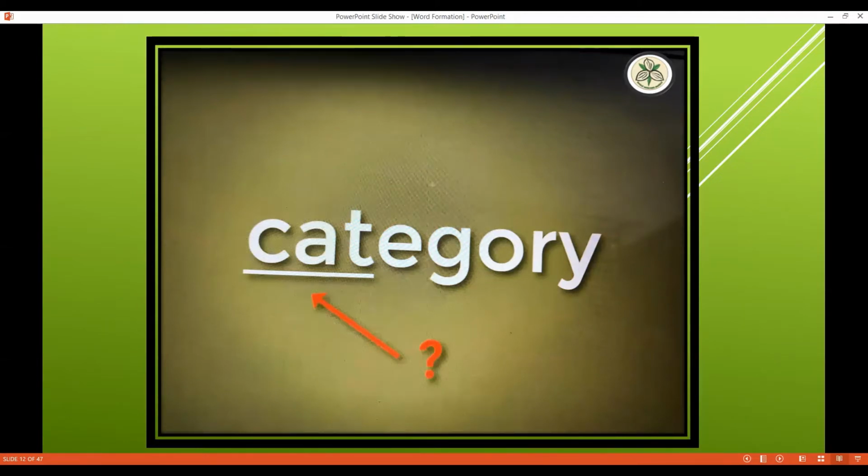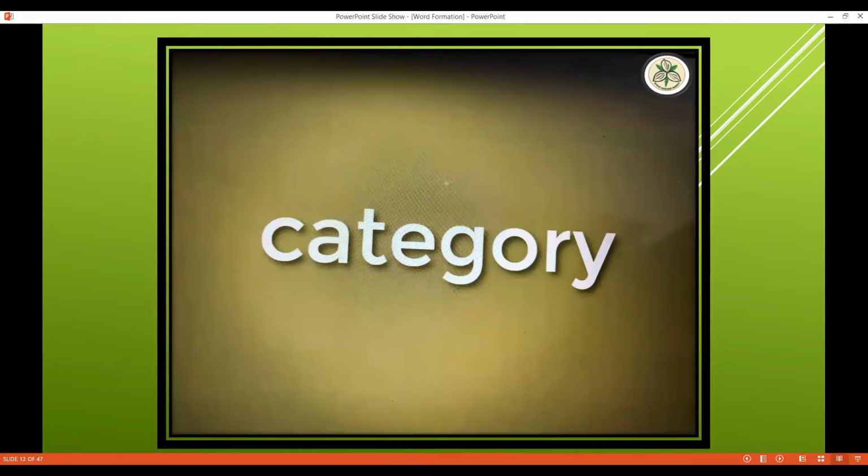Now, you might say, wait a minute, doesn't the word category have the word cat in it? And it does. That's a good observation. However, the meaning of the word cat has nothing to do with the meaning of the word category in English. Therefore, we must conclude that category has just one morpheme.